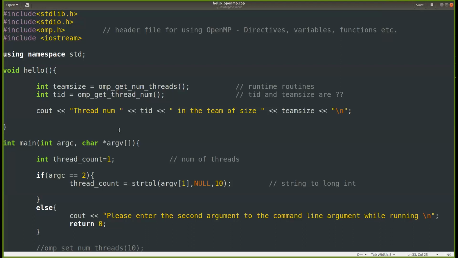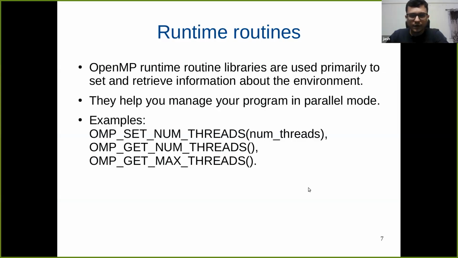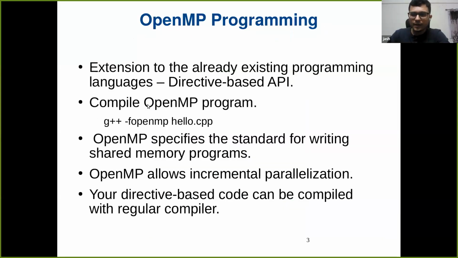So would the main thread wait for every thread to finish, or can we define that if some of the threads are finished, it can start with other instructions which are not dependent on the result of the threads? Yeah, this is a good point. Let us go back to this slide.